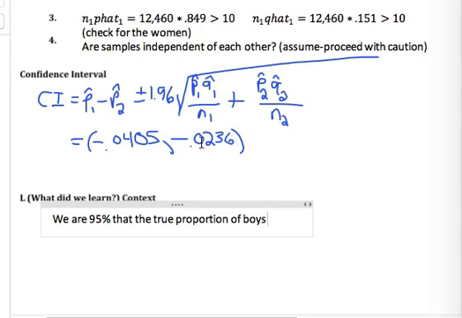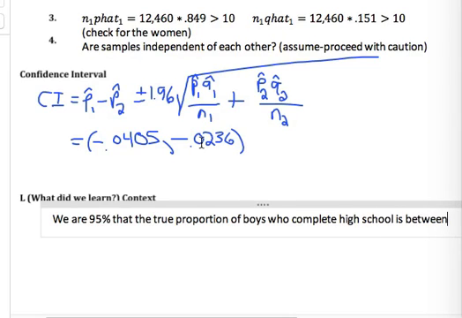Here's how I phrased it: of boys who complete high school is between 4.05% and 2.36%. Now here's the key. Lower or higher? Lower. Why did I say lower and not higher?